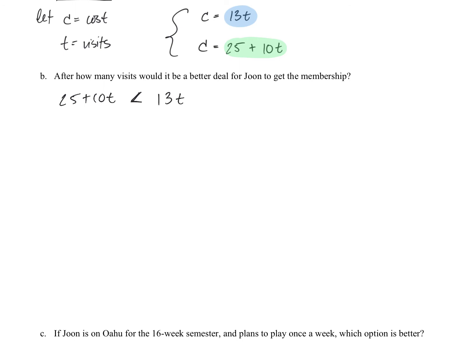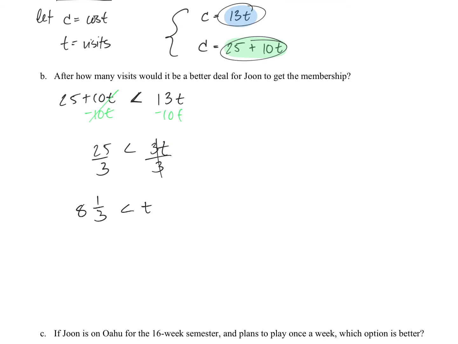I want to figure out when this cost will be less than this cost. Let's go ahead and solve. So minus 10t, minus 10t, 25 less than, so that'll be 3t. We can divide both sides by 3. Alright, 3 can go into 25 8 times, and then there's going to be 1 left over, so it'll be 8 1/3 less than t.